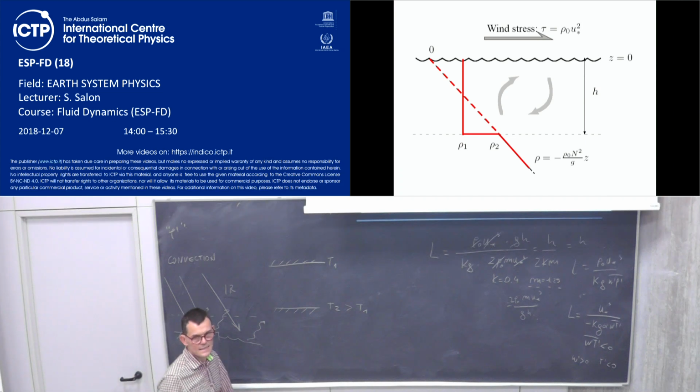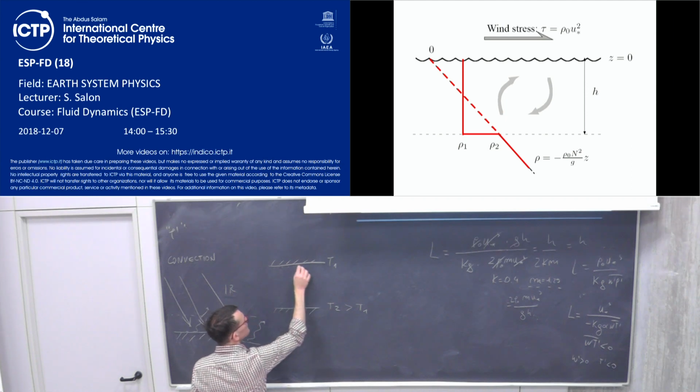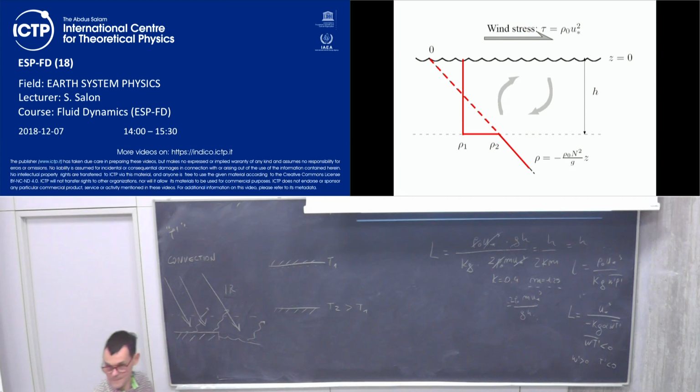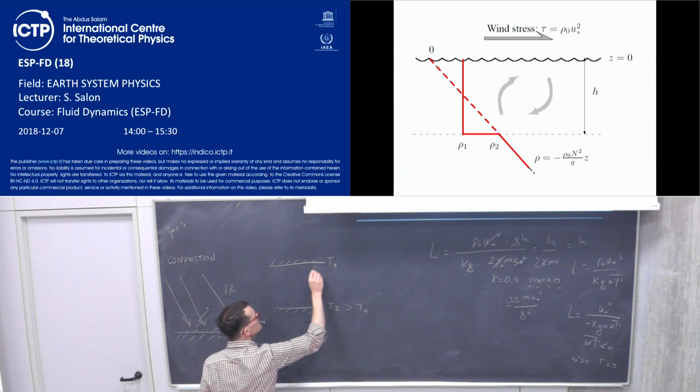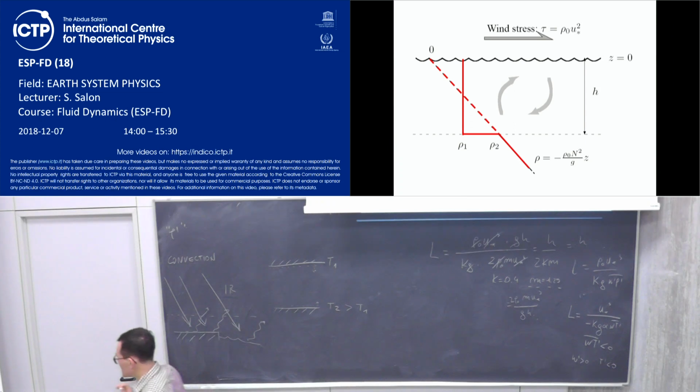So this is a configuration which is prone to instability, because we have hot, warm fluid here, and cold fluid here. What we know is that cold fluid is heavier than warm fluid, so we can expect that this will go down and this will go up. But let's try to keep this to the very simple case.